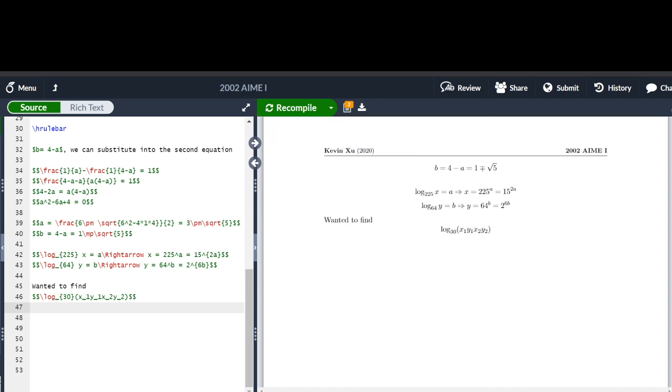If we express our two different solutions as a1, a2, and b1, b2 for 3 plus root 5, 3 minus root 5, 1 minus root 5, and 1 plus root 5, we have that this is 15 to the 2a1 times 2 to the 6b1 times 15 to the 2a2 times 2 to the 6b2.